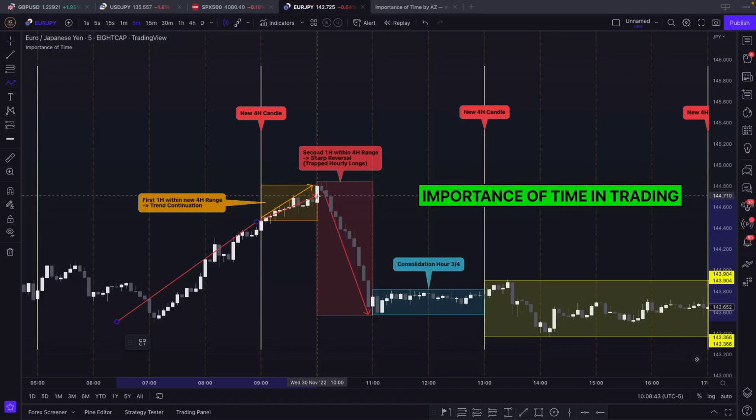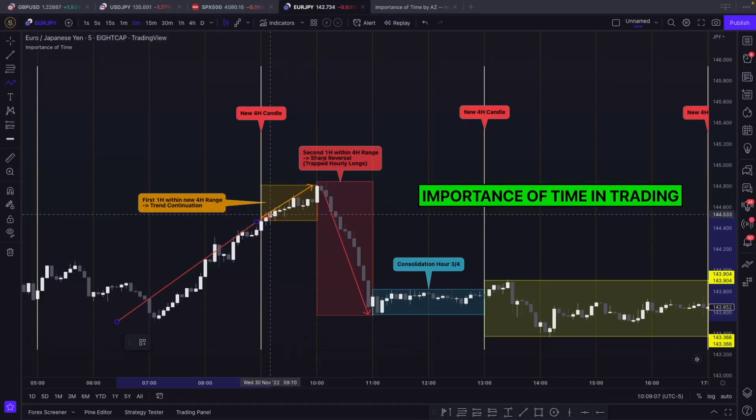What's happening here? We get one more bullish candle for a high close 1-hour candle. 4-hour traders are not being triggered into this market. They have been triggered into this market here, as well as hourly traders. But now, another time, hourly traders are triggered into this market with a new bullish hourly close.